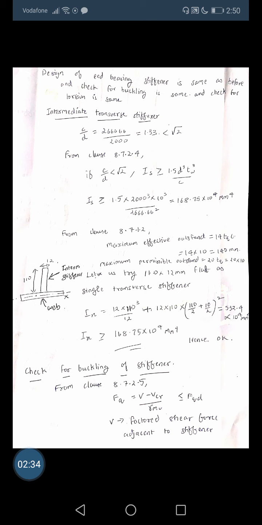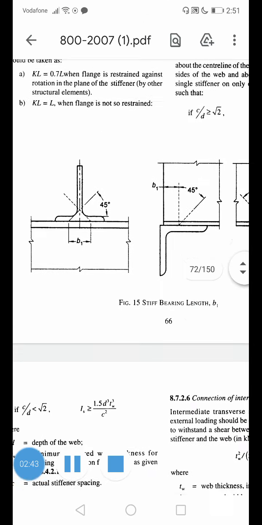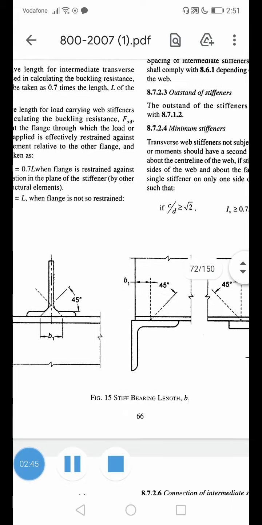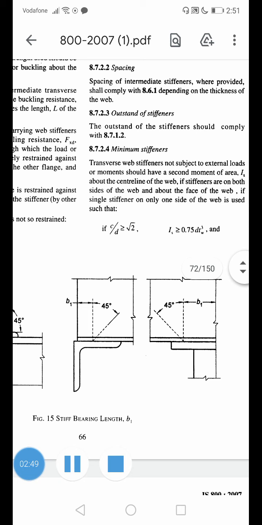Now if you look at clause 8.7.2.4, it is giving the condition for single transverse stiffener. So here you can see, minimum stiffeners, transverse web stiffeners not subjected to external loads or moments should have second moment of inertia IS about the center line of the web if stiffeners are on both sides of the web, and about the face of the web if a single stiffener on only one side of the web is used.